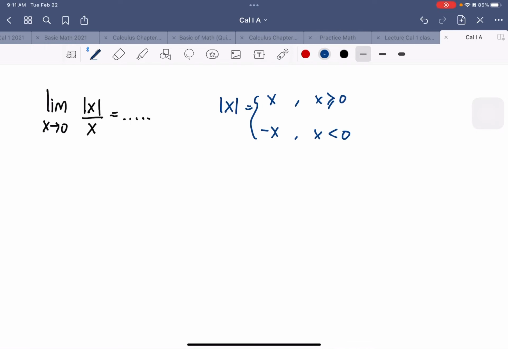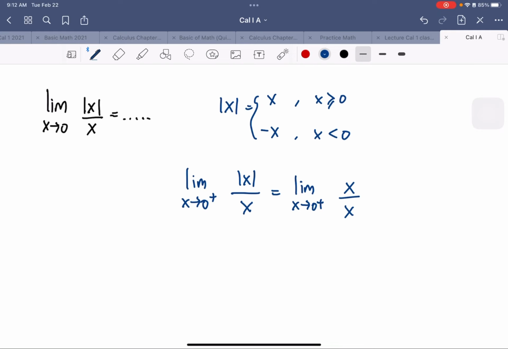Then, when we evaluate as x approaching 0 from the right of the absolute value of x divided by x, this is a positive x over x, right?